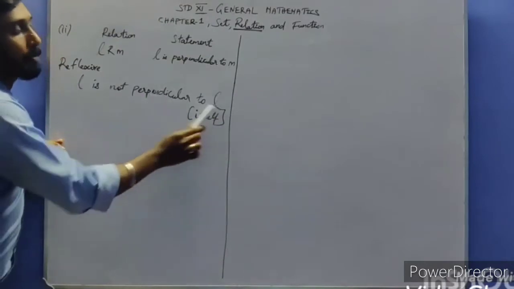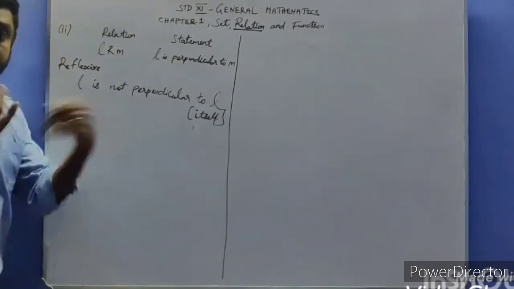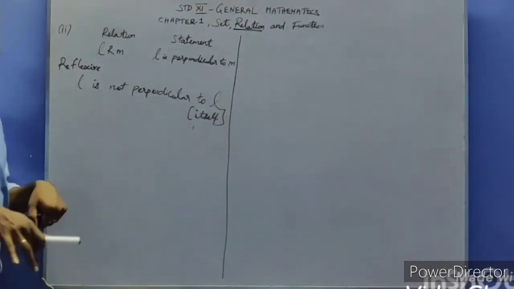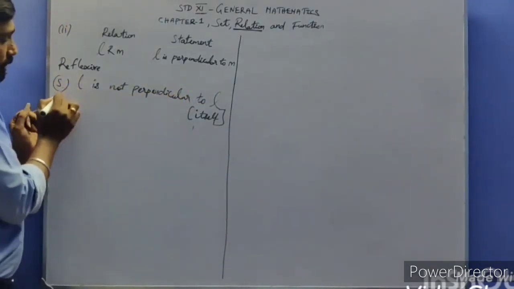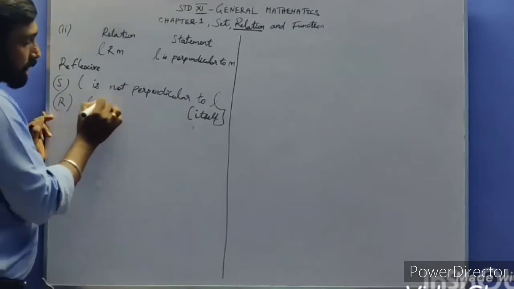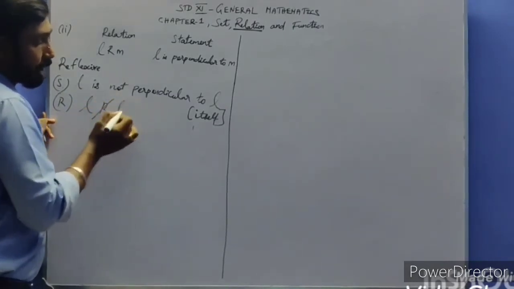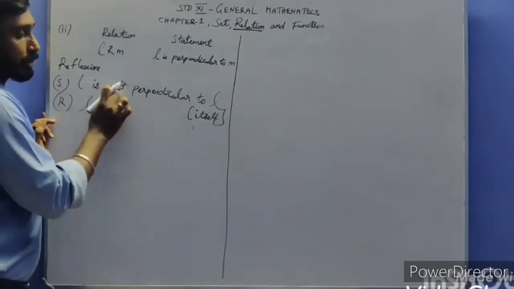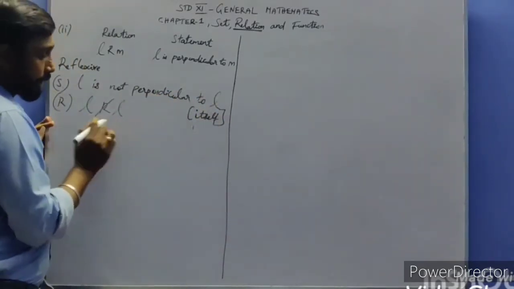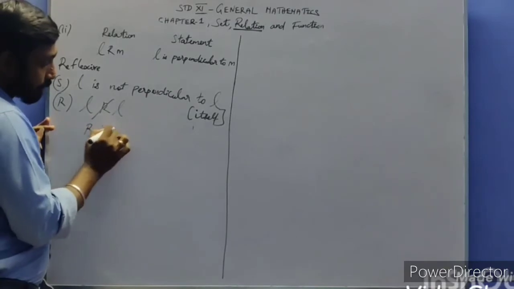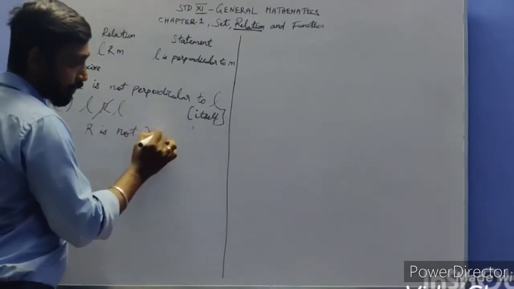L is not perpendicular to L, because L is not perpendicular to itself. So first one statement, then you have to write the relation: L is not related to L. L is not perpendicular to L means L is not related to L. So R is not reflexive.